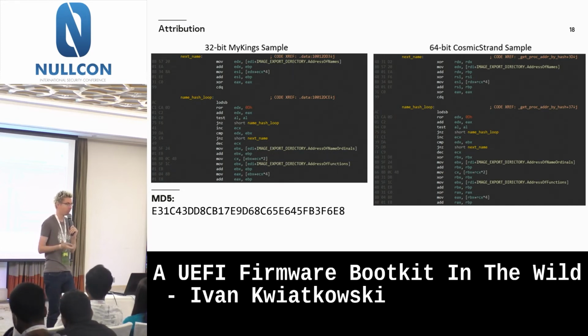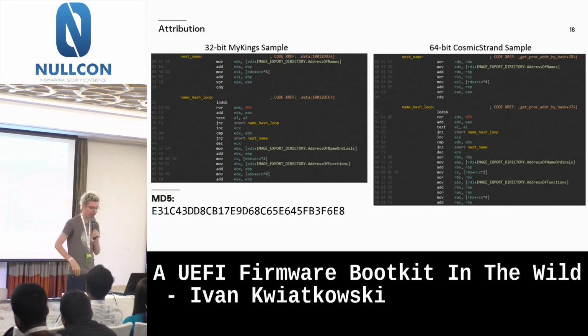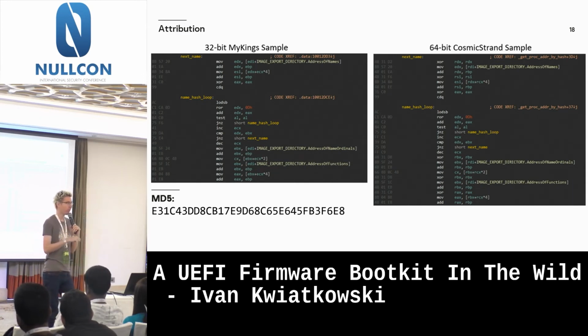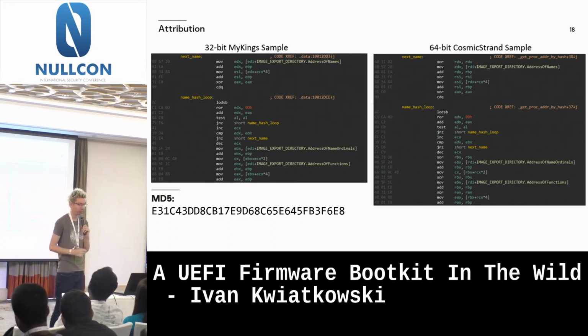So it might indicate that they use some of the same code in order to develop this part of the program. And finally, this MyKings botnet also contained similar code that was doing all those network requests manually with IRPs and directly passing packets into the TCP or UDP drivers.